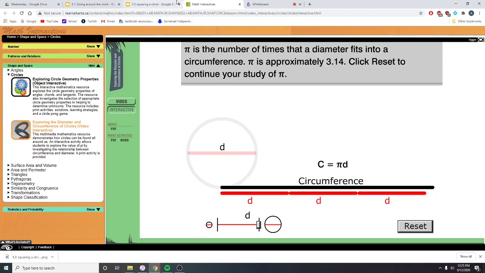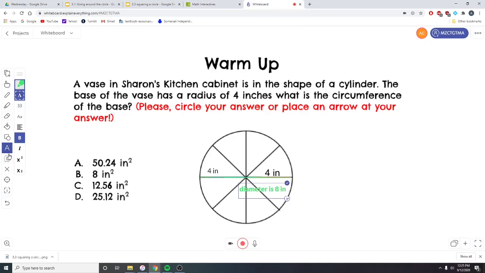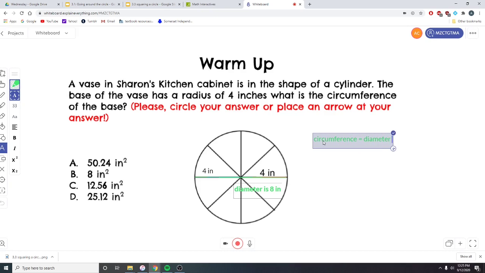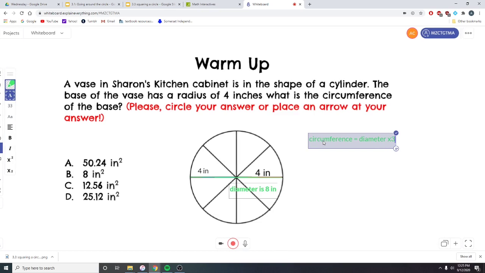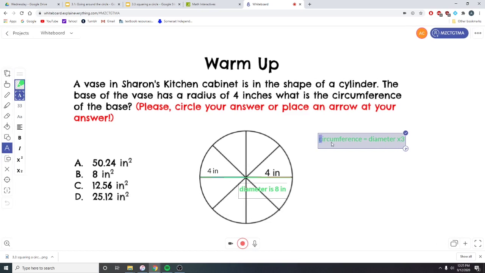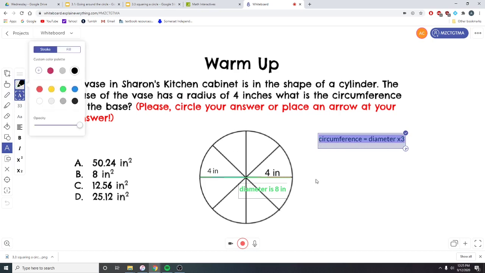In order to get my circumference, I need to do circumference is equal to the diameter times 3. That will get me a close estimate to my circumference.